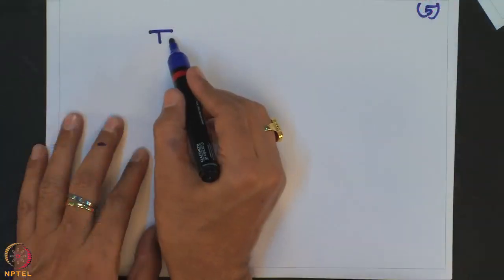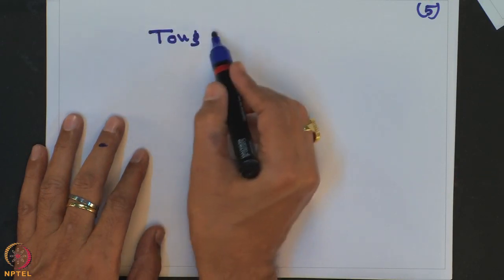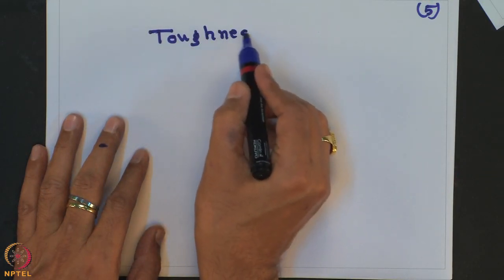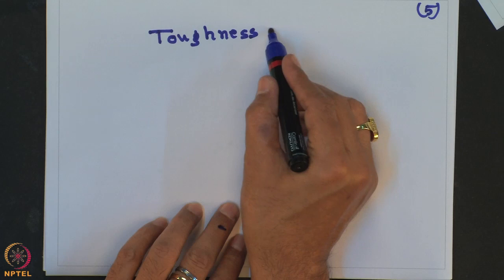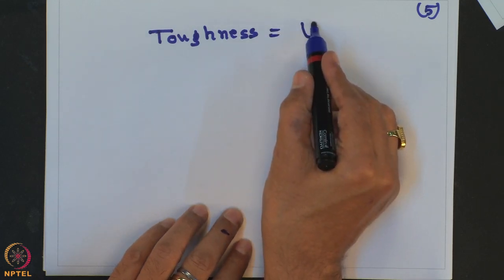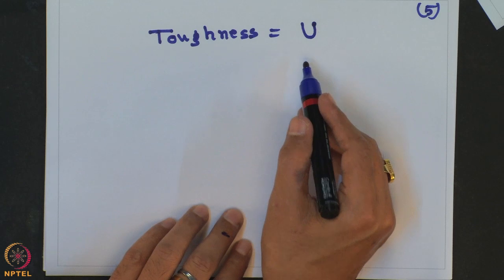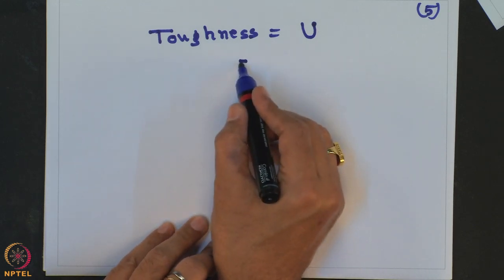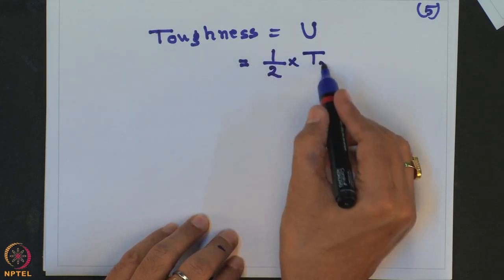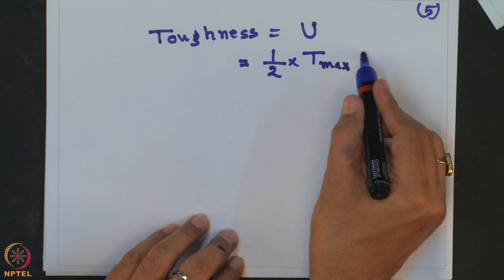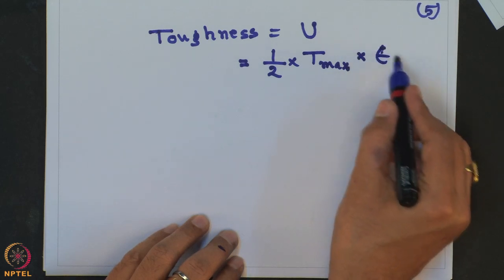Now, knowing the maximum strain, we have to determine the toughness of the geotextile material. Toughness is designated as U, and U is equal to half of T max into epsilon f.